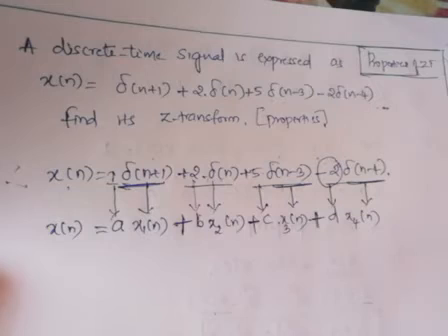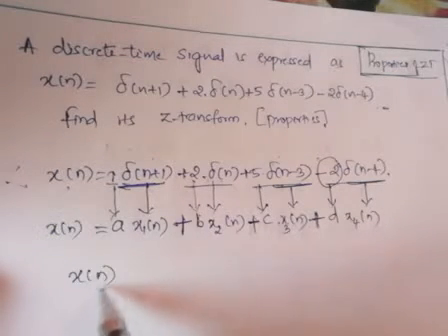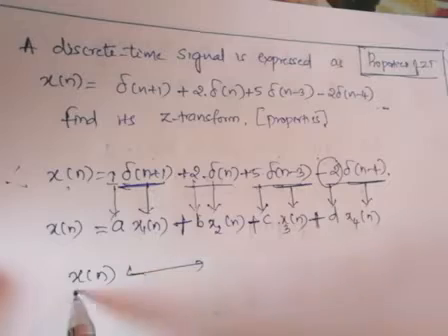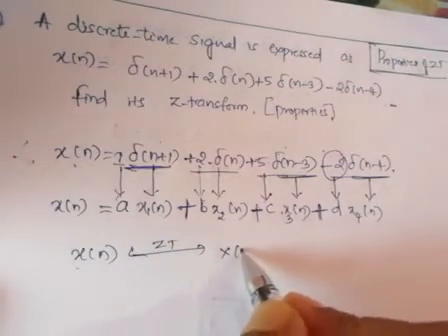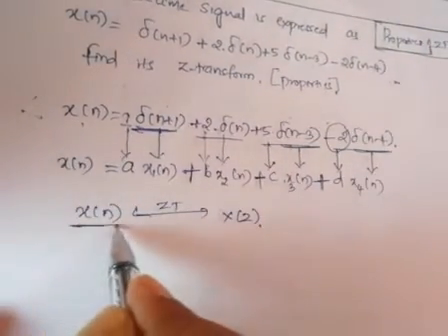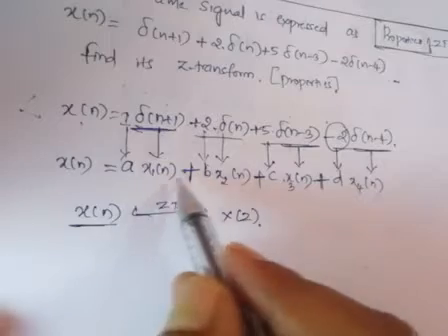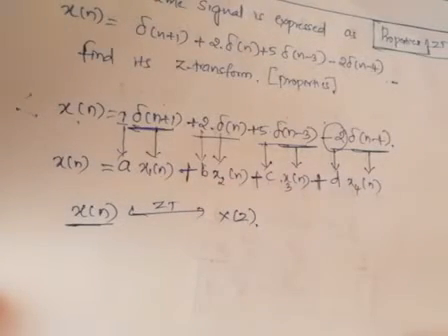There are four signals added, and we calculate with the help of the linearity property. If x of n has Z transform pair x of z, and we express this sequence as a combination of four signals, what will be the Z transform of that?